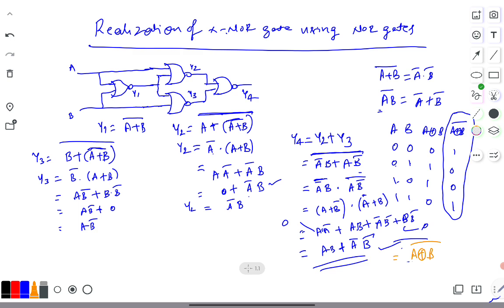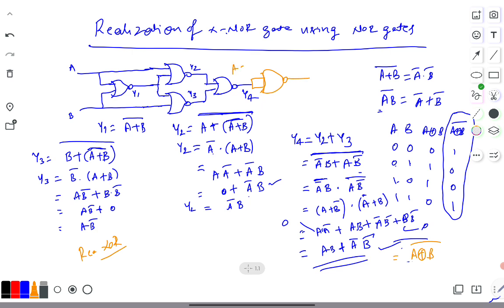Now again, realization of the XNOR gate. Realization of how to get the XOR gate. Simply, for this Y4 output, you need to add one more NOR gate.